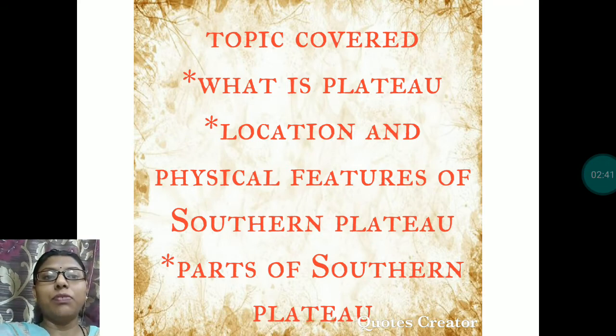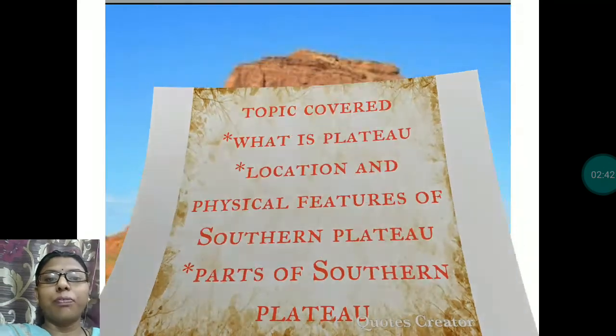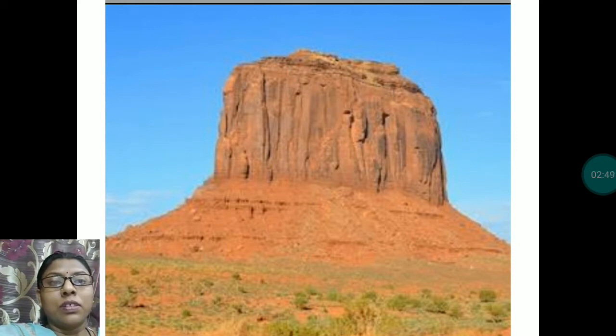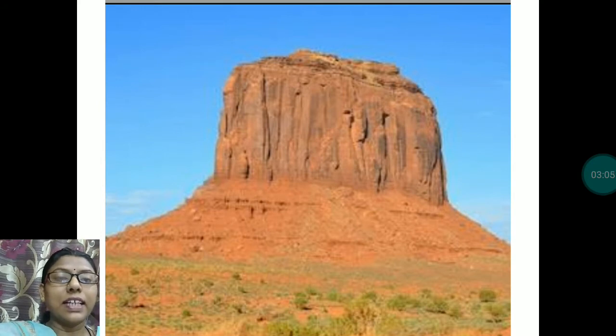What is a plateau? First let me show you the picture of a plateau. Here you can see this is a plateau. What is the first thing that strikes your mind? It looks like a table, isn't it? So it is also called tableland. A plateau is an extensive flat area of elevated upland.